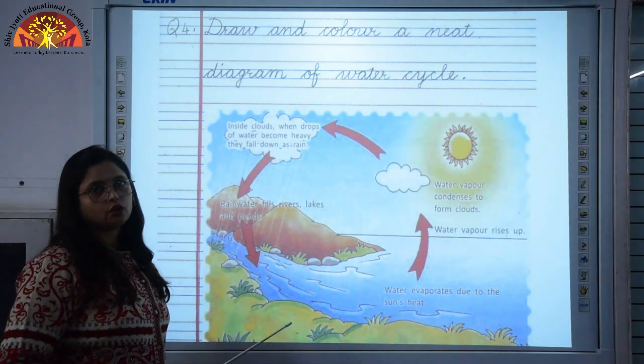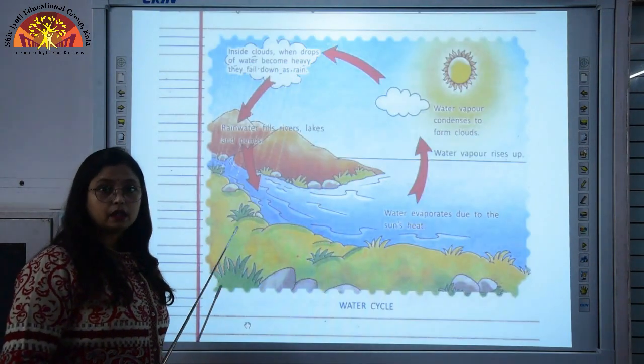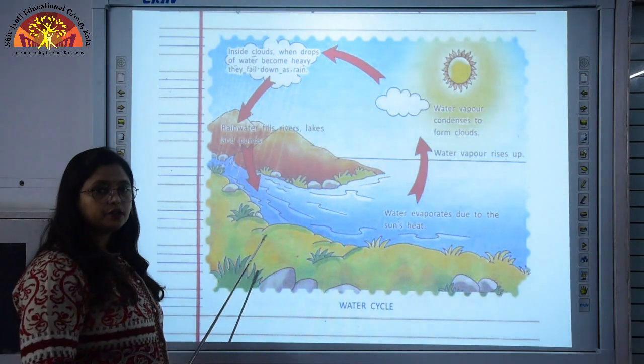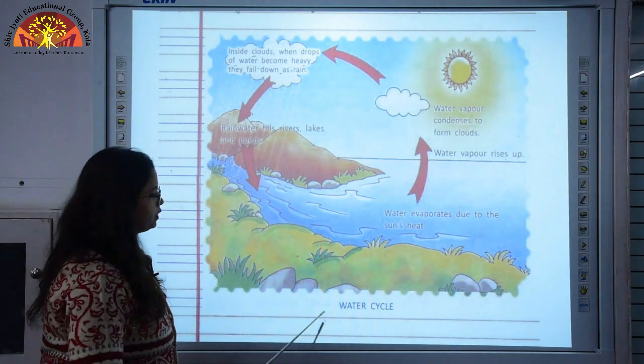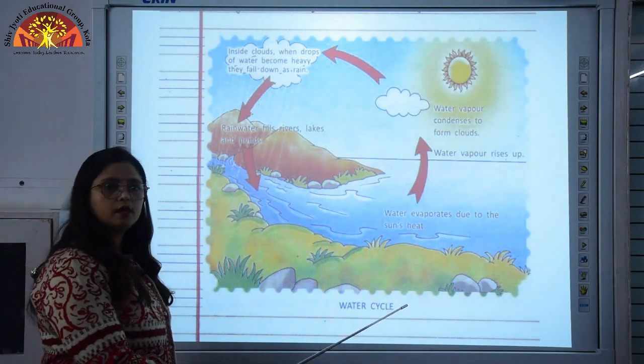So children, you can draw this diagram in your notebooks. Draw the diagram neatly, label everything properly in the diagram, and after drawing the diagram, write the name of the diagram below it, that is, it is water cycle.